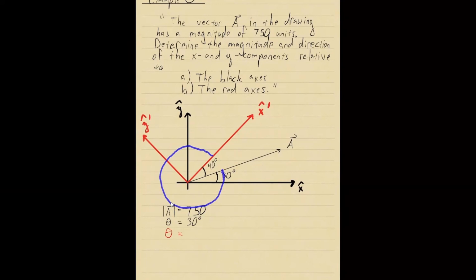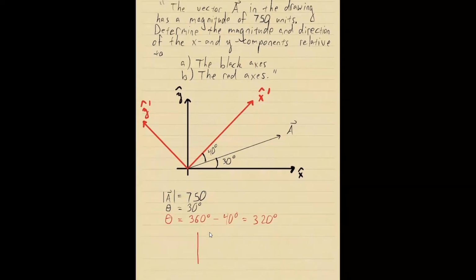So the way that we can calculate this is if we go 360 degrees and we backtrack these 40 degrees, that'll tell us our angle. So this is 360 degrees minus 40 degrees. The angle between our vector A and our positive x prime axis is 320 degrees.